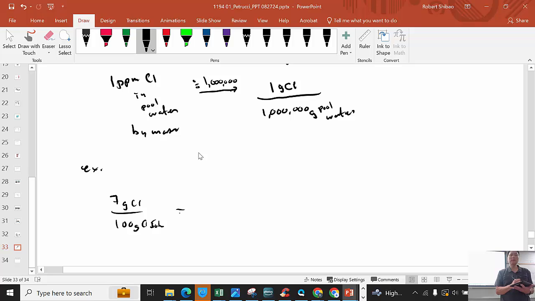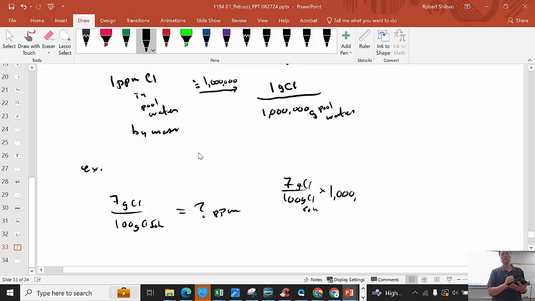What would this be in ppm? All I do to convert it to ppm is multiply it by 1,000,000. So if I have 7 out of 100, the grams will cancel. And I want to convert that into ppm. I'll just leave the grams in there. I'll just multiply by 1,000,000.